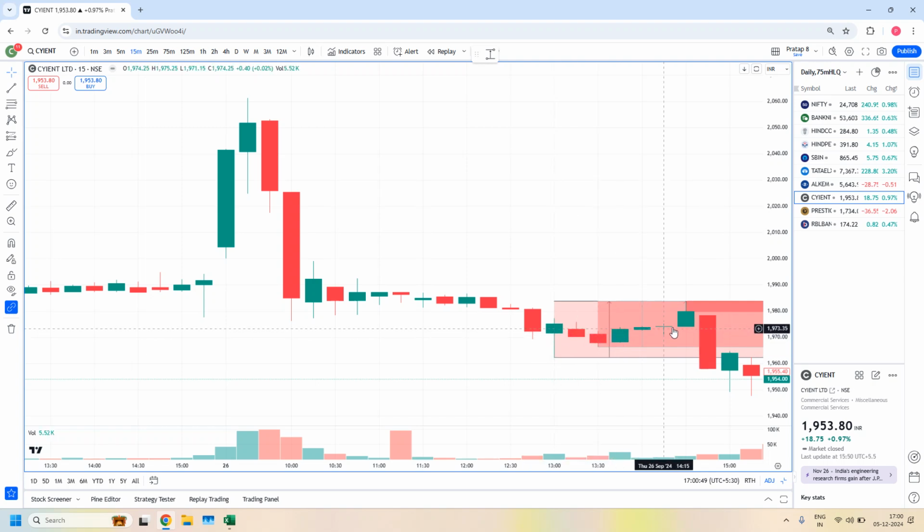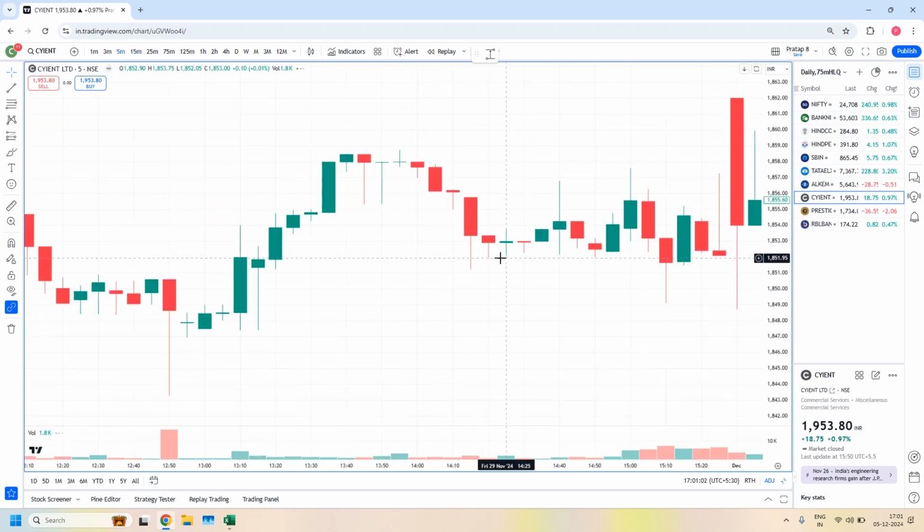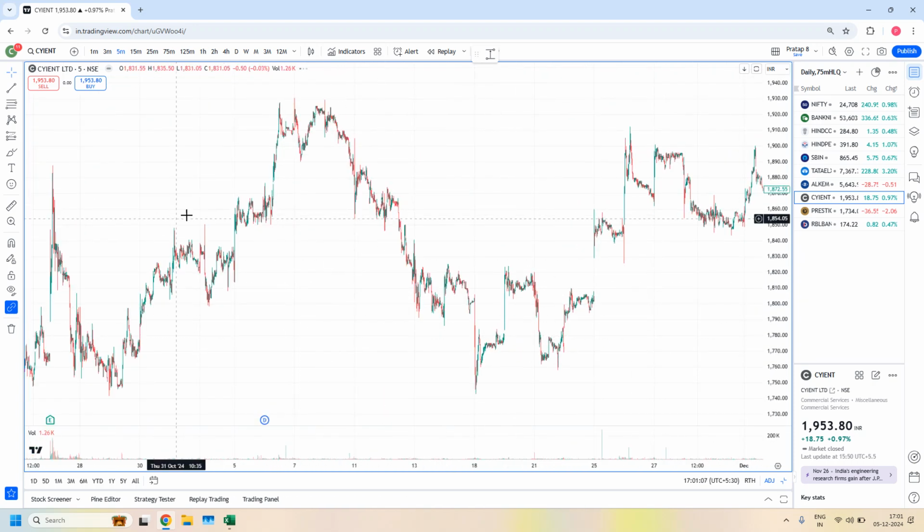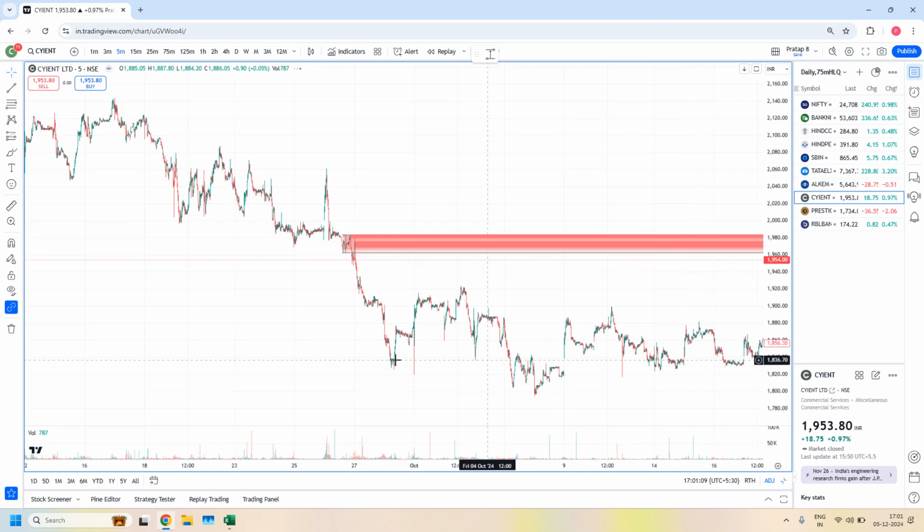And all these are small base candles. 1, 2, 3, 4, 5, 6 base candles, and then a drop candle. This is the 75 minute zone. Inside this 75 minute zone, again you need to fine-tune with the 5 minutes time frame. I think we identified 2 order flows inside the 75, two 5 minutes order flows.